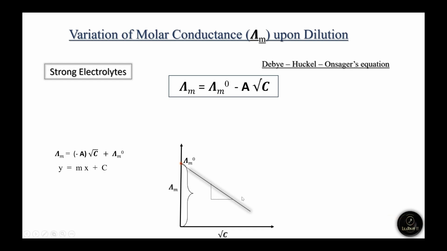And the slope is given by minus a. So this is how molar conductance varies upon dilution with respect to a strong electrolyte. It is a straight line.